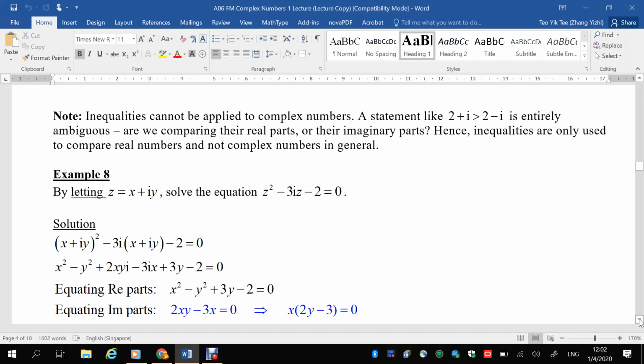So if everything is supposed to be equal to 0, it means the real part must be 0 and the imaginary part must be 0. From there, I generate two equations for you to solve for your x and y. Comfortable?